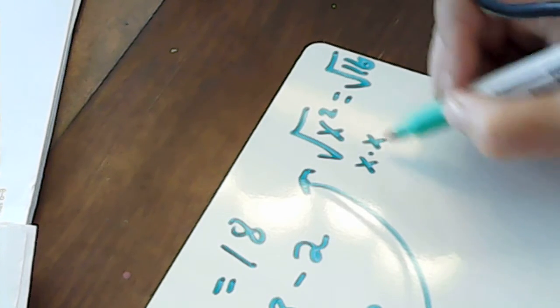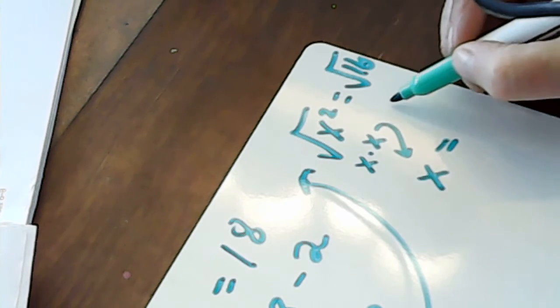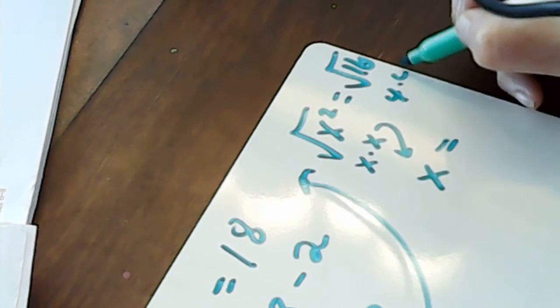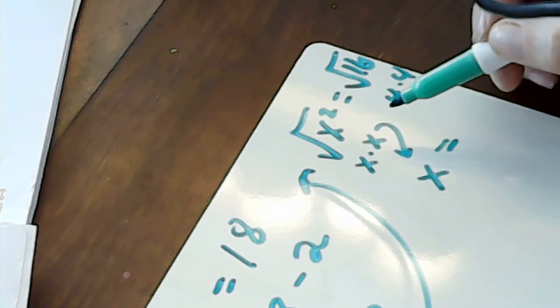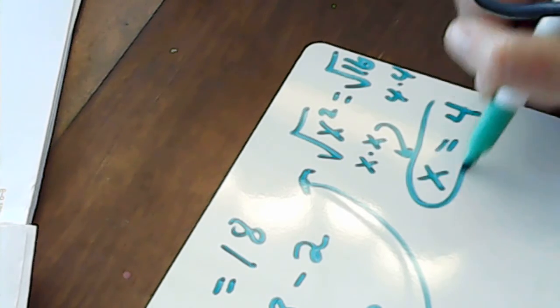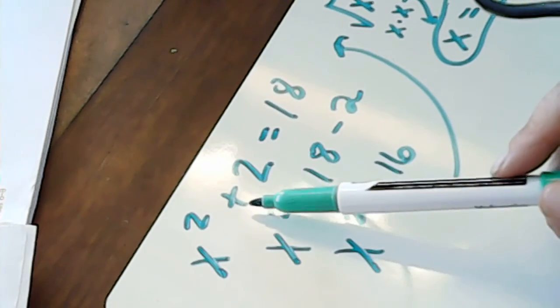So x equals, and 16 is made up of the squares, 4 times 4, so the square root is 4. My final answer is x equals 4. And that's the answer for this equation.